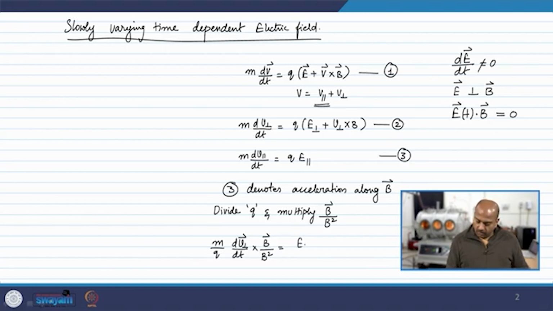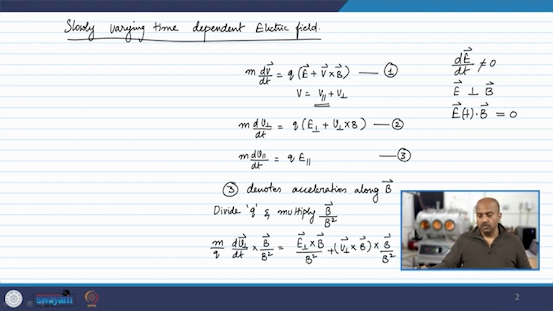So, we have E perpendicular cross B by B square plus V perpendicular cross B cross B by B square, right. We have just brought the q onto the left hand side and multiplied the entire equation with B by B square.